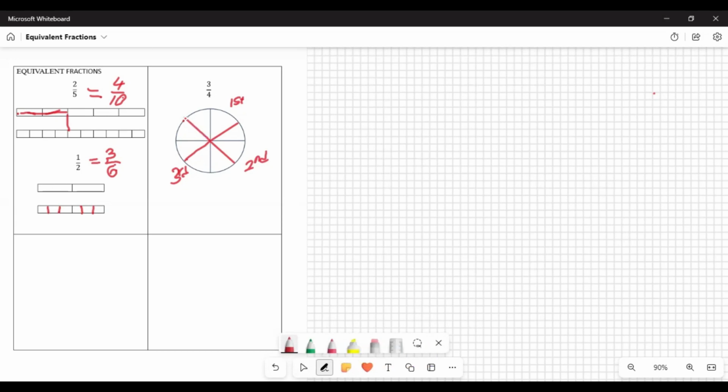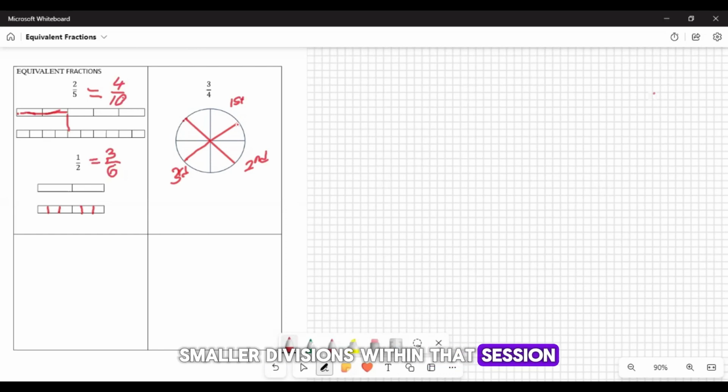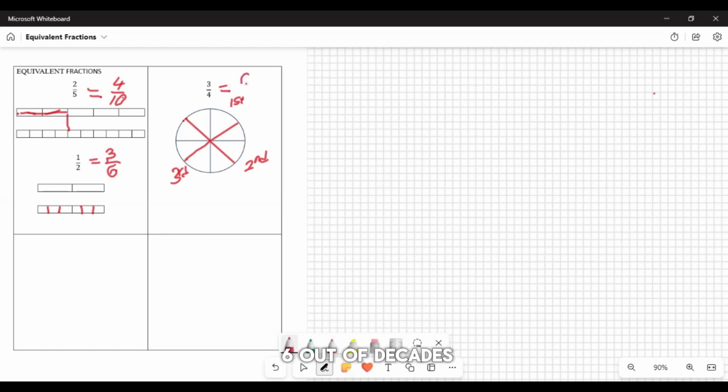So I would now have 8 divisions, but then I took 3. So this is the first one, this is the second one, and this is the third one. When I count the smaller divisions within that section, I'll now have 1, 2, 3, 4, 5, 6. So that will give me 6 out of 8, which is the same.